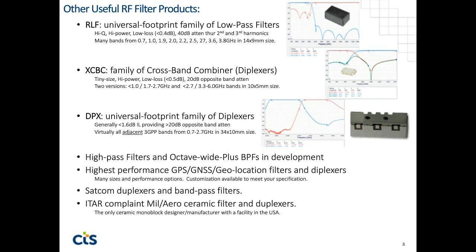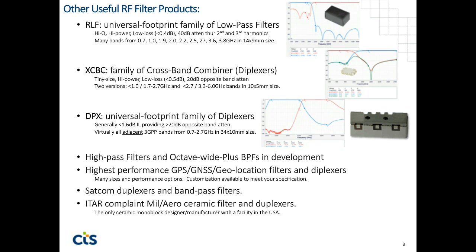So for instance, band 1 and band 3 are adjacent bands in Europe. Band 2 and band 66, the PCS and the AWS band for North America, are adjacent bands. In Europe, in the low bands, band 8 and band 20 are adjacent bands.